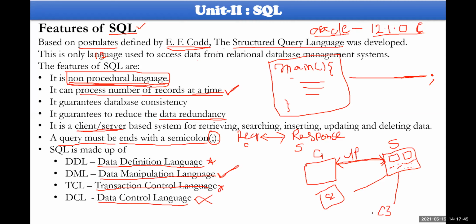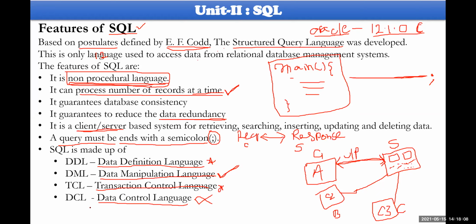Like this, many clients are supposed to be connected to this particular server. Data set A will be with one, data set B with another, data set C with another. If you don't have a direct connection, you could not access the data set of one client from another client.